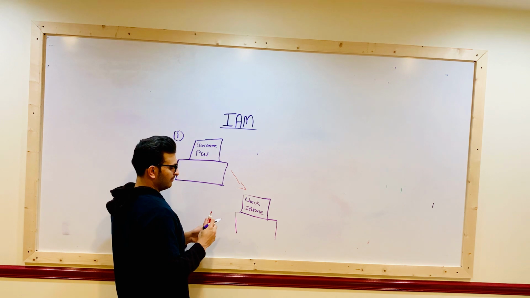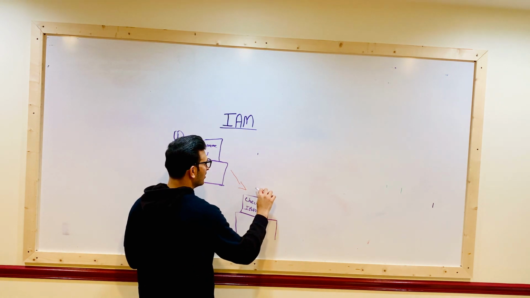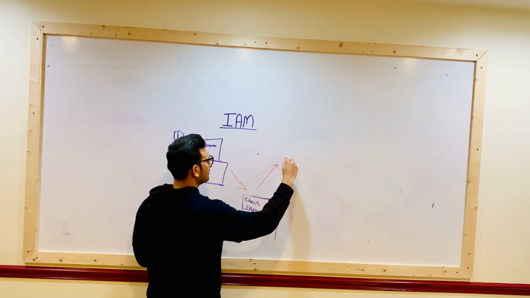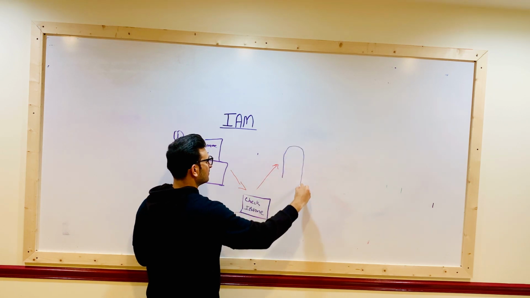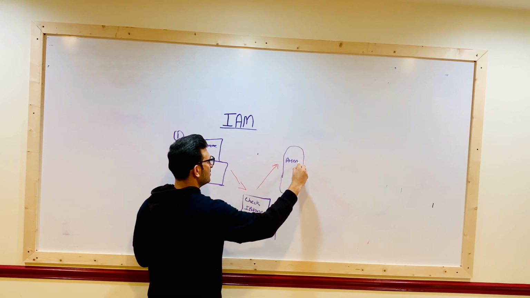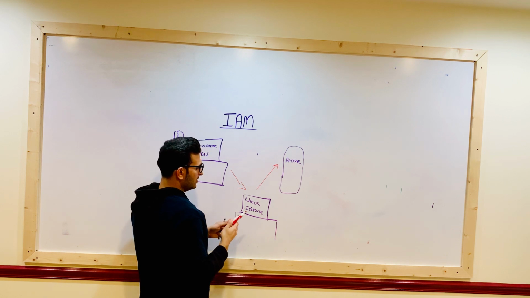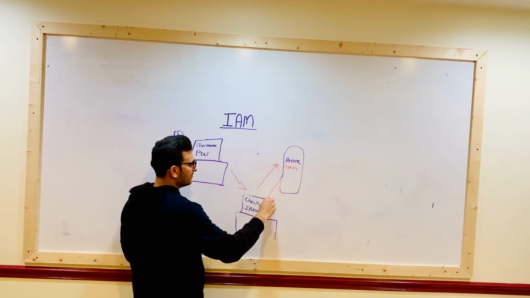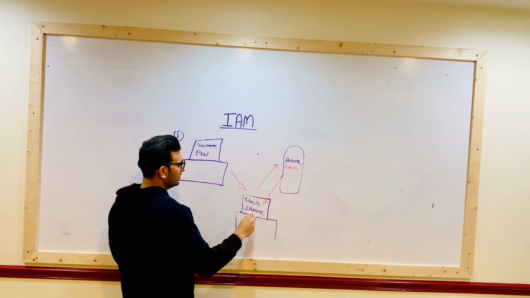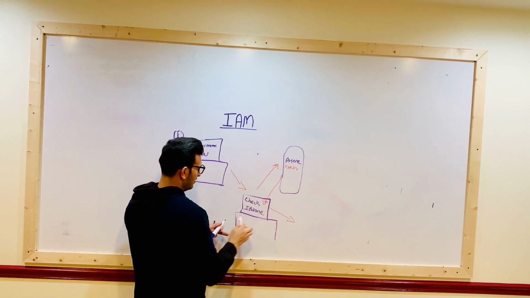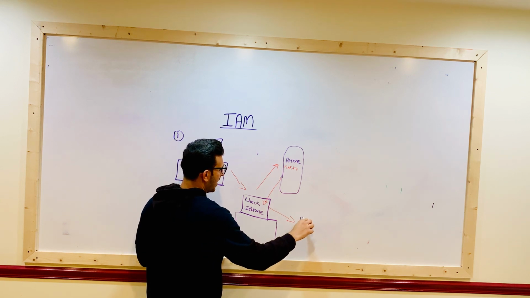So then what you're going to do is you're going to go to your iPhone, and you're going to have the 6-digit code, and then you're going to go back to the username screen, and then you will finally have access.